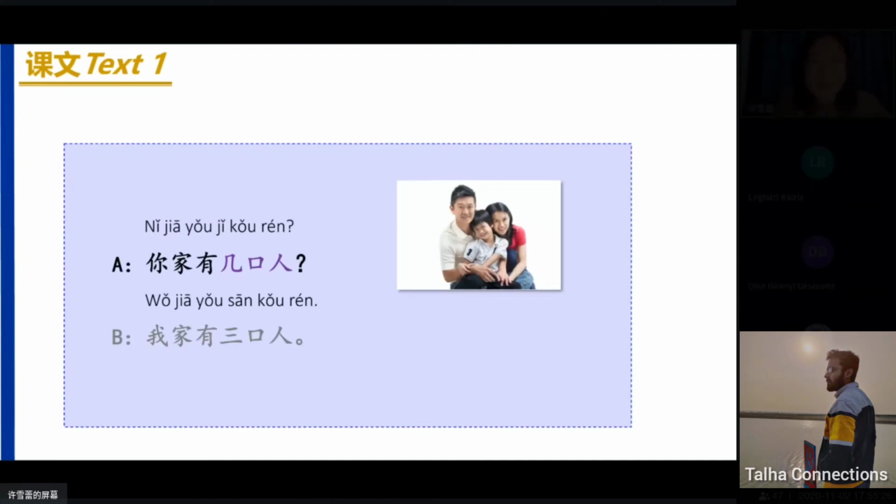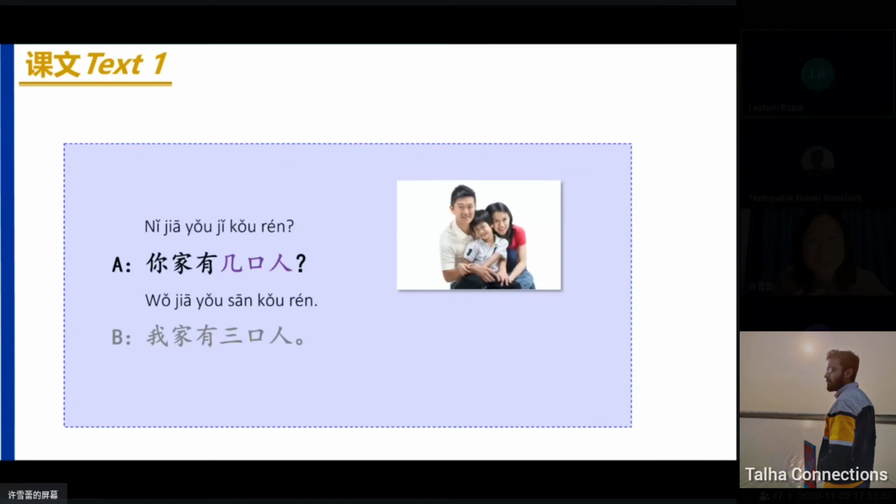I heard some of you said 我家有3口人。Some of you said 我家有8口人, right? 我家有6口人。Very good.